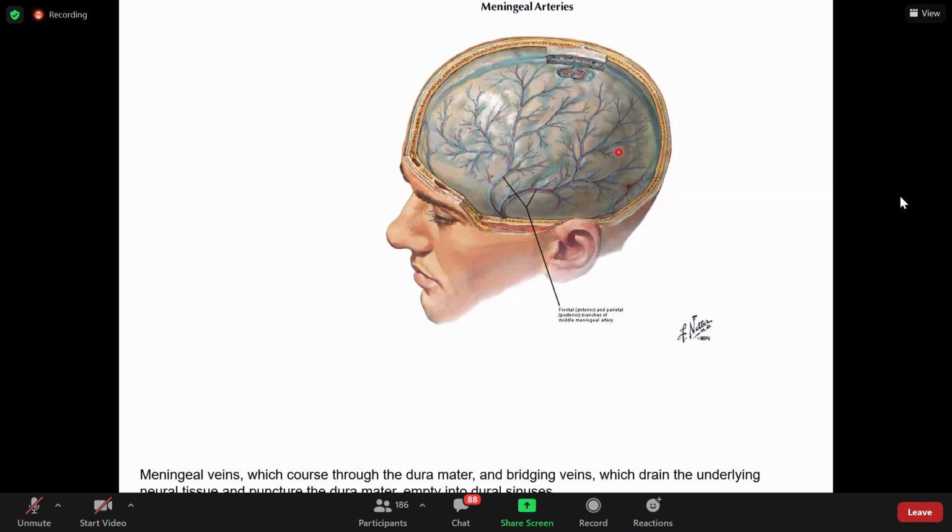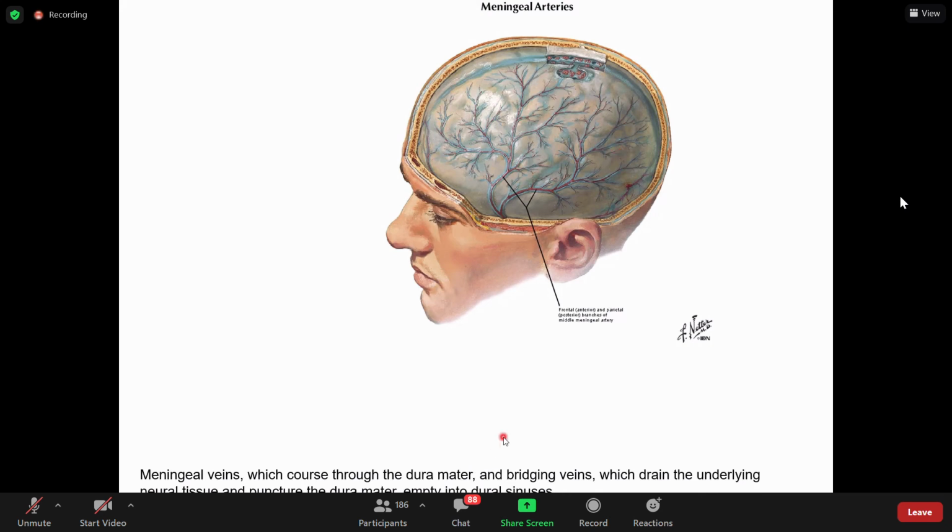But what brings the blood from the brain tissue to these dural venous sinuses, we call them bridging veins. These bridging veins bring blood from the brain tissue into the dura and into venous sinuses within the dura.